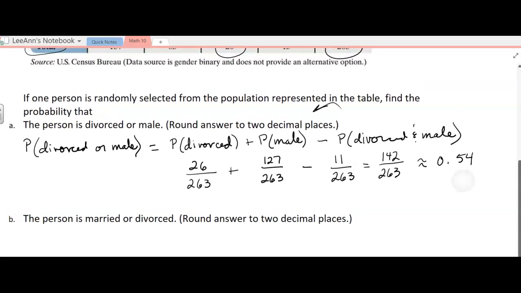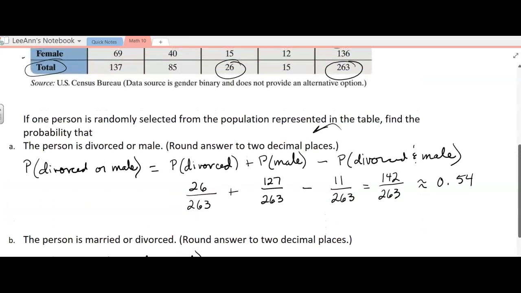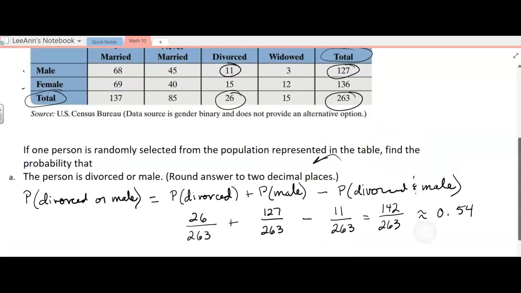Now we have a part B. We're picking one person, and we want the probability that the person is married or divorced. So the probability of married or divorced. Well, can you be both married and divorced at the same time? Not at the same time.